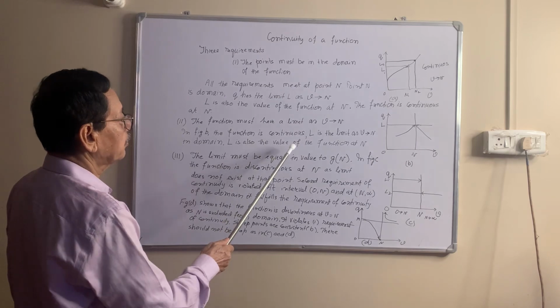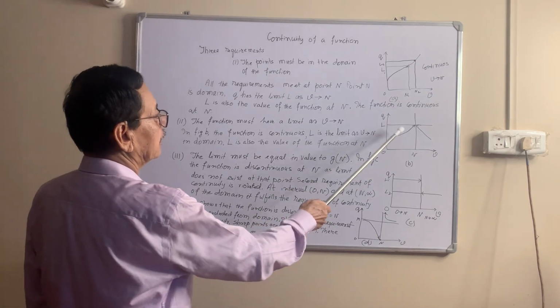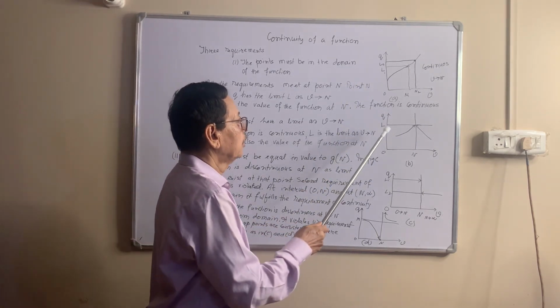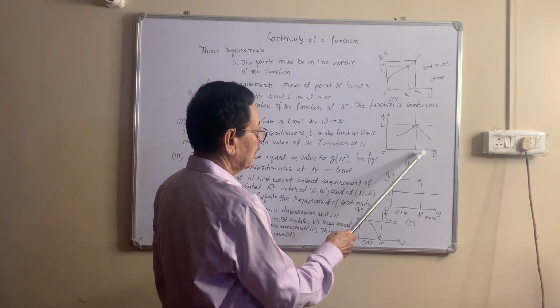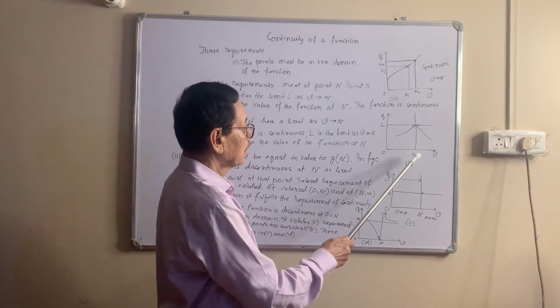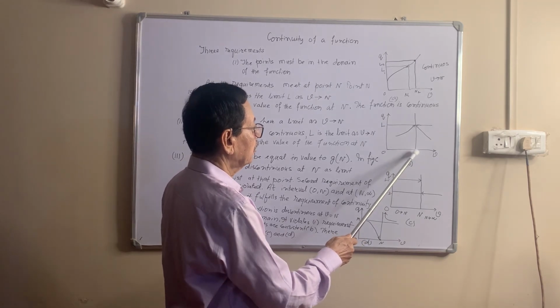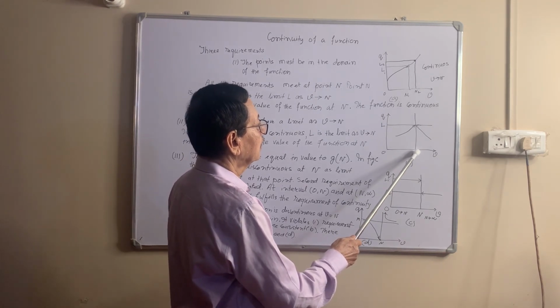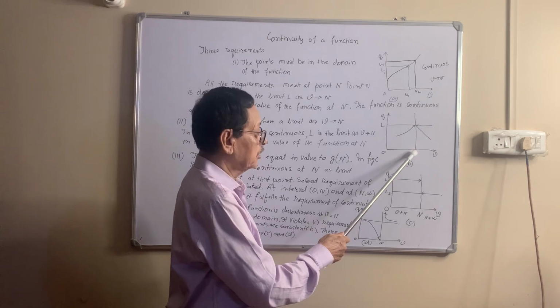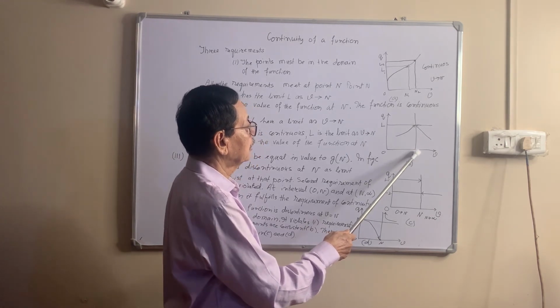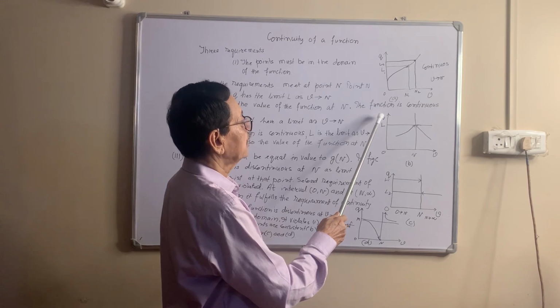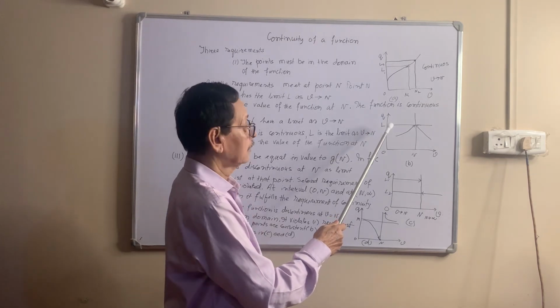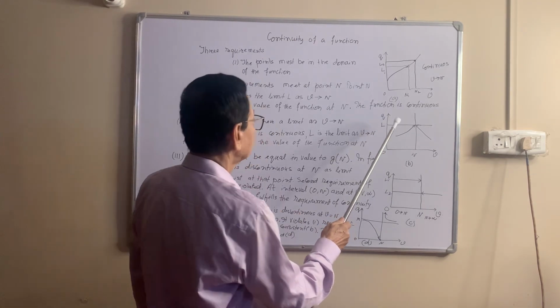L is also the value of the function at N, as we said earlier. So when L is this much, that means this much of V. As we said earlier, if we put this much level of V, then the output, that means the range, may go up to L. So L is the limit.